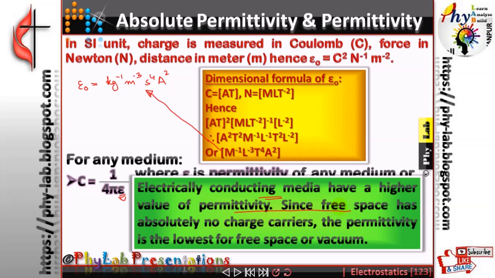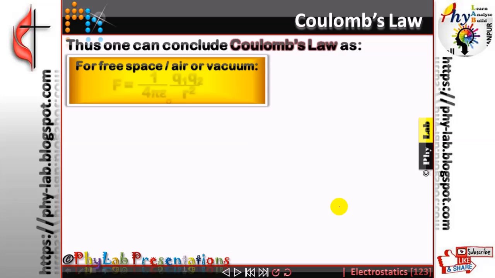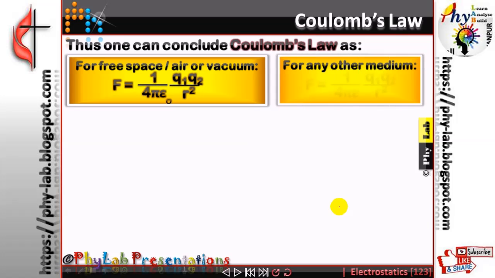So you can't have an epsilon for any medium less than 0 because it can't hold any charge, and for a perfectly conducting medium it will have a very large quantity of epsilon.